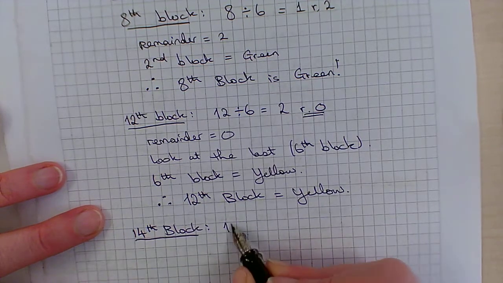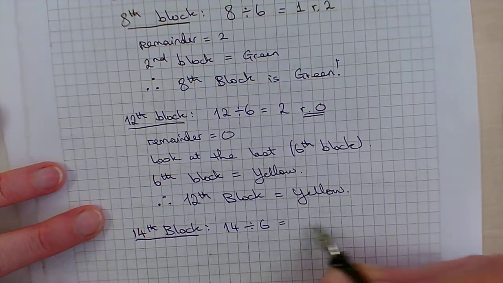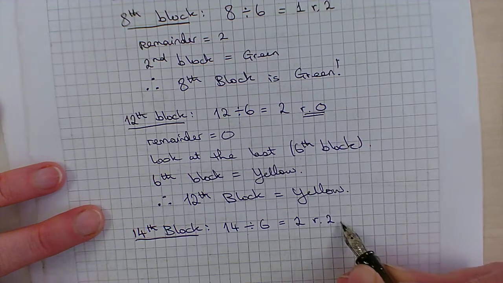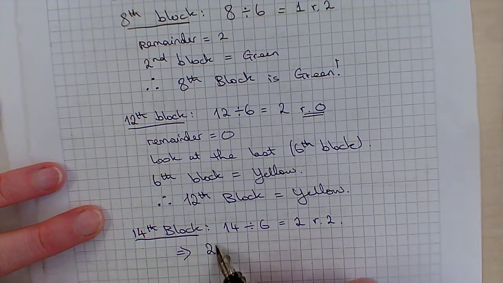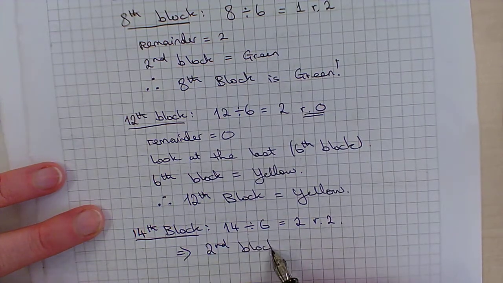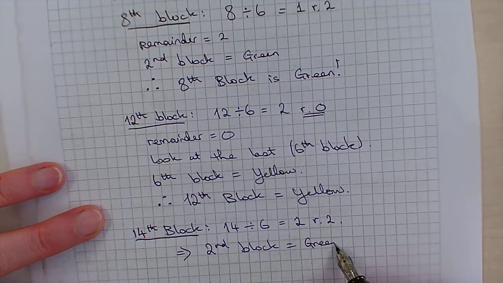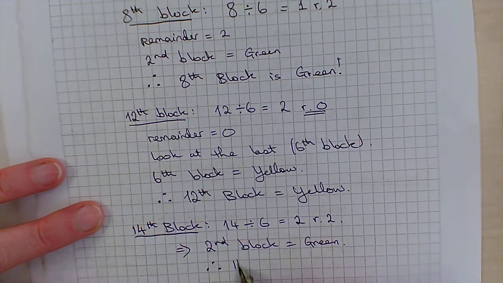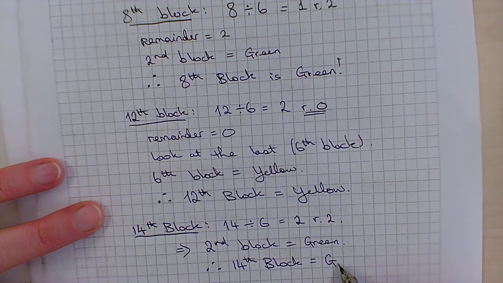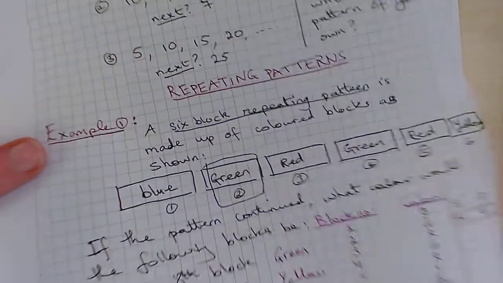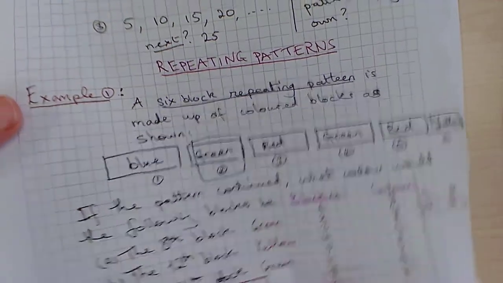So my 14th block, 14 divided by 6, goes in twice with a remainder of 2. The second block is green, so therefore my 14th block should be green as well. And check our previous answer, and we can see that yes, the 14th block was green.